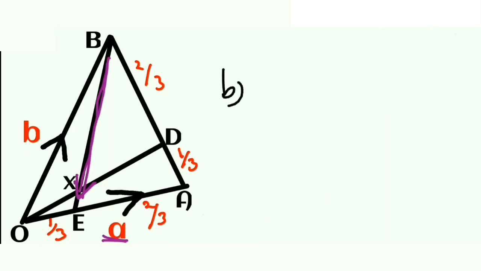Question B. OX equals K times OD. So to find the value of OX, you have to multiply constant K by OD.